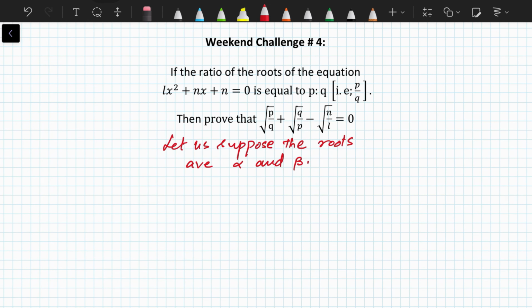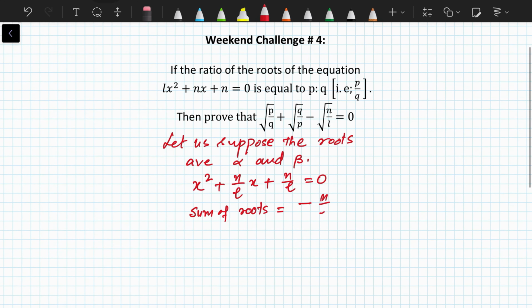If alpha and beta are the roots, then if I rewrite that equation, it will change to x squared plus n over l x plus n over l is equal to 0. Then the sum of roots is going to be negative n over l, or you can say alpha plus beta is equal to negative n over l. That's my equation number 1.